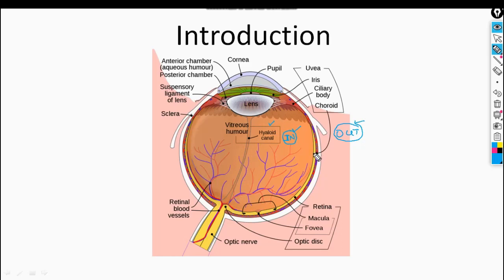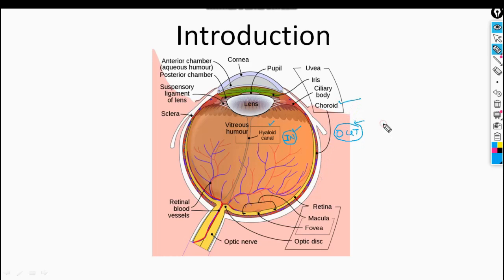This outer surface is made up of pigment cells, and it attaches to this structure, which is the choroid. You can see the choroid. So it attaches with the choroid.